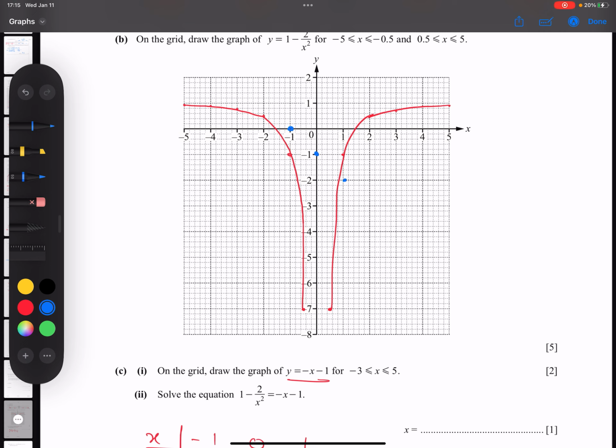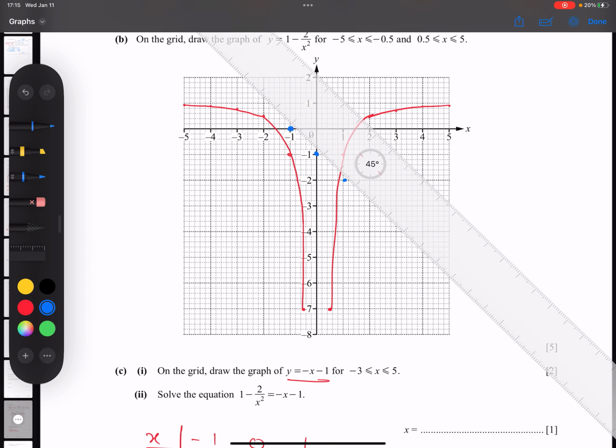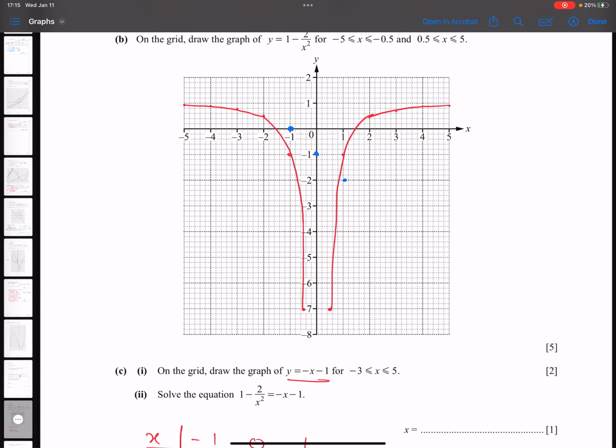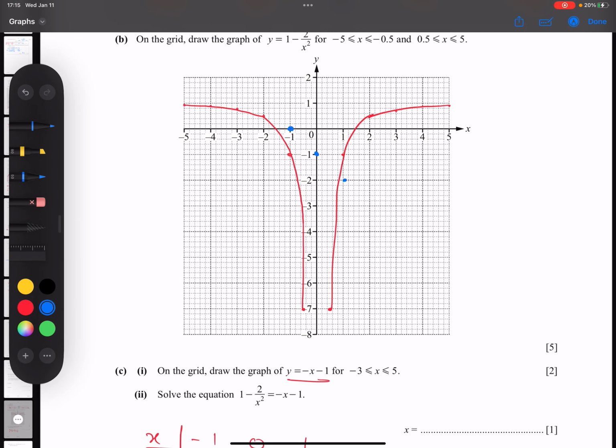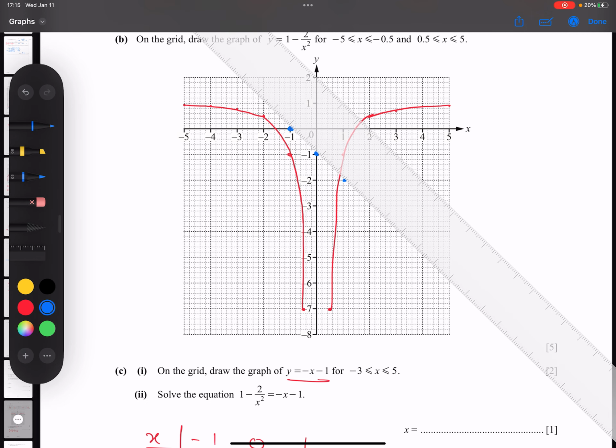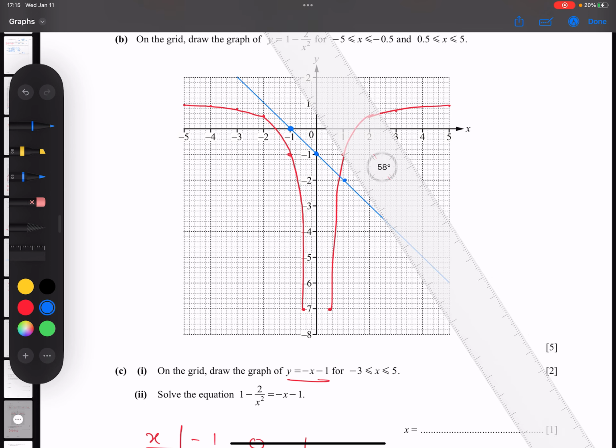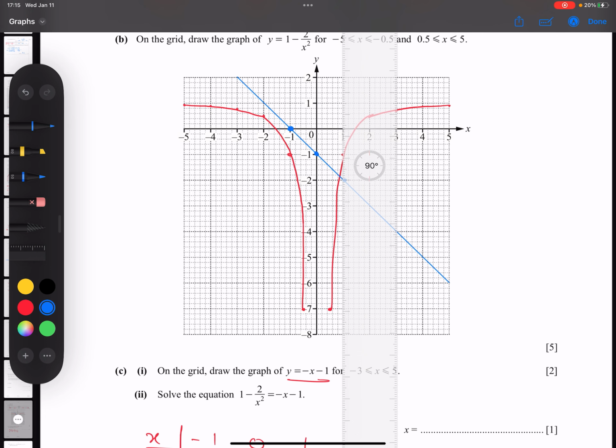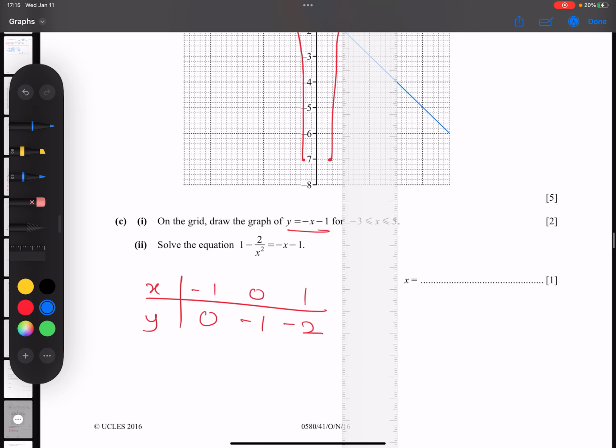So I'm going to draw a straight line. Let me get my ruler and align them together. Okay, that's my straight line. Then they asked me to solve it, so one solution only, and solving it is just finding the point of intersection, because this is the straight line that I already drew.